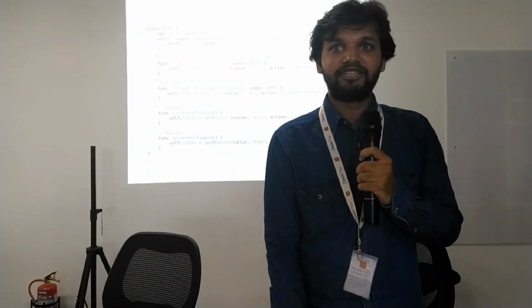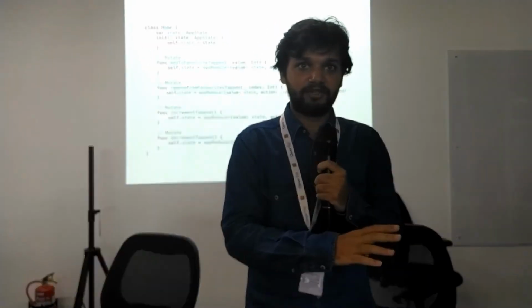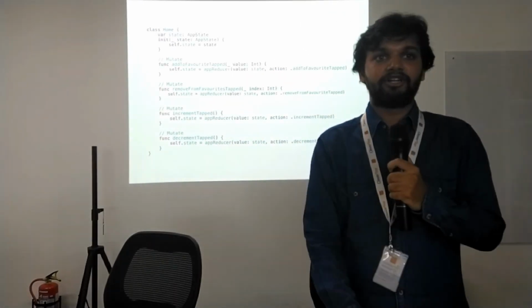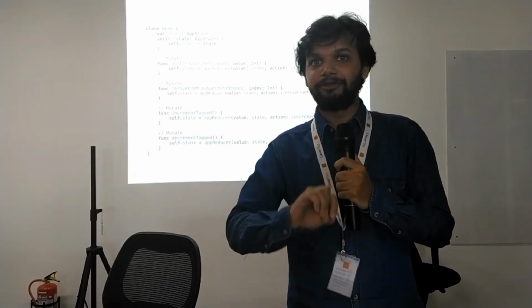I hope you learned more about how to use reducers in your current app, and about mutations. All the mutations in your app will be in a particular single file or single state, and whenever you want to put in more mutations, you'll put them in this enum or reducer function, and you'll know all the mutations you'll be doing in your app.